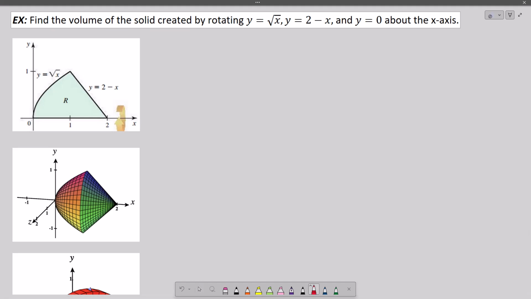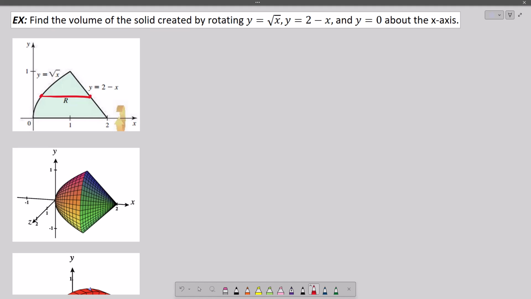So when we look at this generating region, we first ask ourselves, is it horizontally simple or vertically simple? We could try to force disks or washers, but if you just go with the region and look at this, you would say, oh, this is horizontally simple.